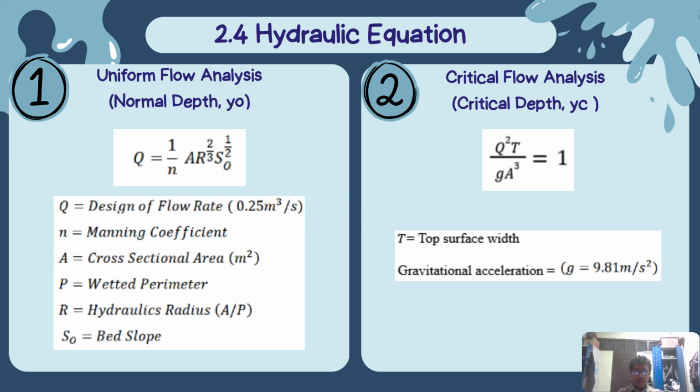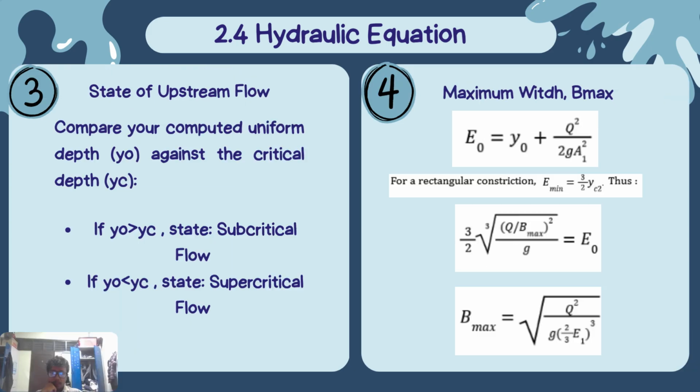Secondly, critical flow analysis. Critical depth Yc. The formula is Q squared T over g A cubed equals 1. T is the top surface width, and g is the gravitational acceleration, 9.81 meters per second squared.